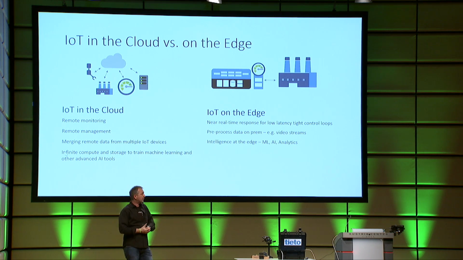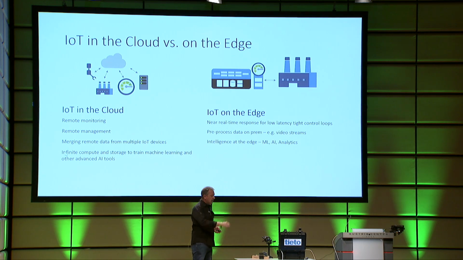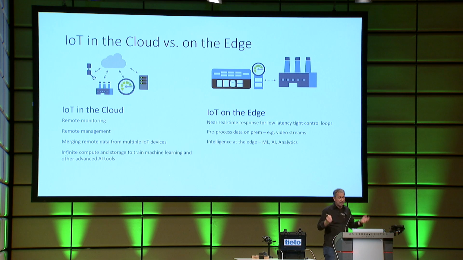So it's a perfect scenario where you would do this pre-processing on the edge. And also other intelligence on the edge, like machine learning, AI, or other complex analytics of live streaming data in almost near real time. Okay?